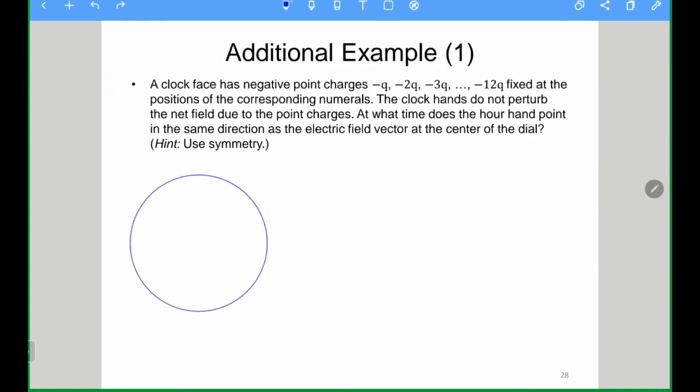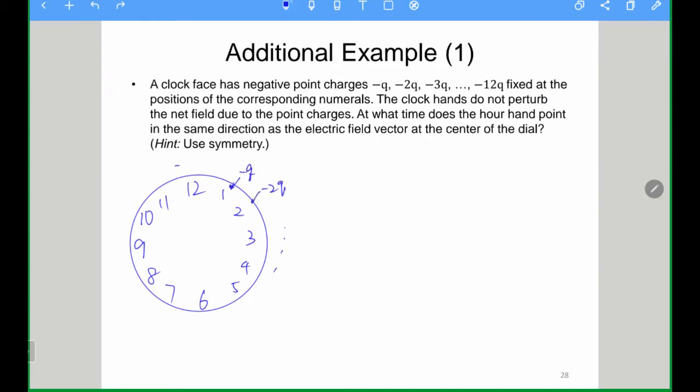For a clock face, it will be like 1, 2, 3, 4, 5, 6, 7, 8, 9, 10, 11, 12. On each numeral we have the charge. For example, on 1 we have charge negative Q, and here we have negative 2Q, and so on and so forth.